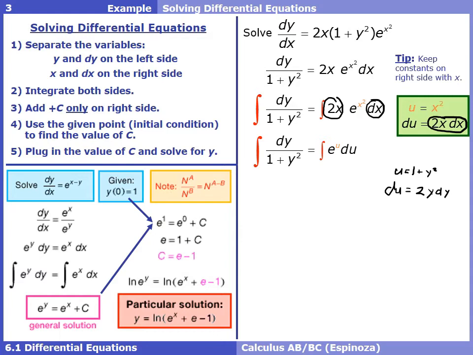And that's not a big deal. Of course, we could just move the 2 to the other side, divide it over as a half. But the big thing missing, and that's what makes this u substitution not work, is there is no extra y in the left side of our equation. So because of that, that is, of course, not the correct way to approach this problem. It's not a basic u substitution in that regard.